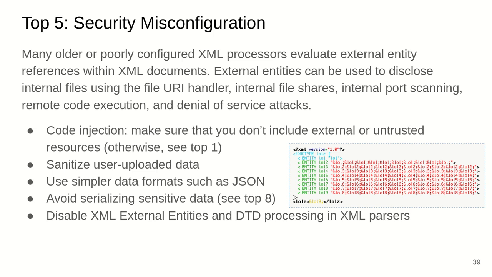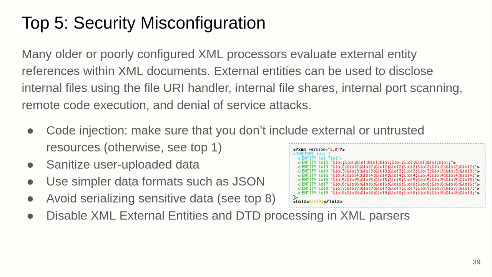So make sure you don't include external or untrusted resources, otherwise go back to top number 1. You need to sanitize user-uploaded data, and ideally instead of XML you may want to use a simpler format such as JSON. Don't serialize sensitive data, and disable XML external entities and DTD processing.